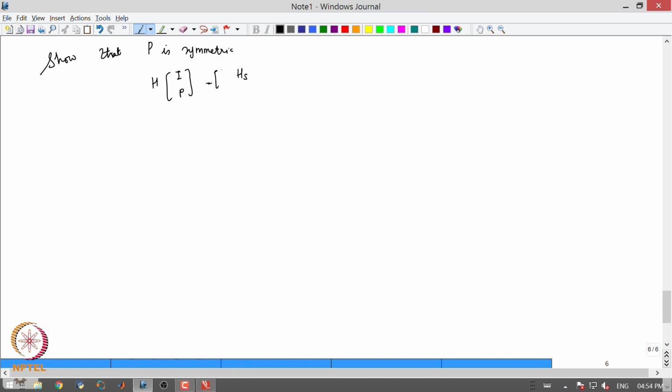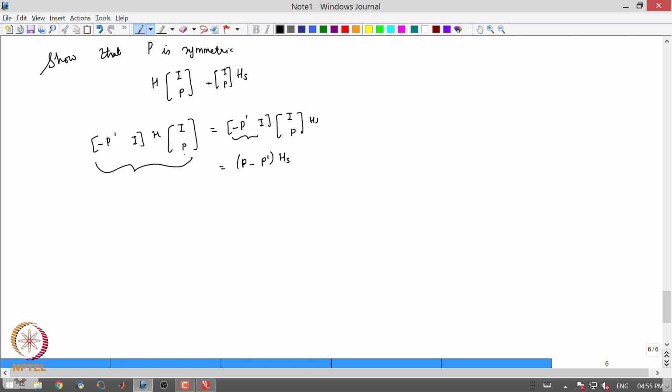This M is again I and P. Again I left multiply this by minus P transpose, I, H, I and P. I just pre-multiply both sides by this term, and here this will look like the following. This is P minus P transpose times Hs.